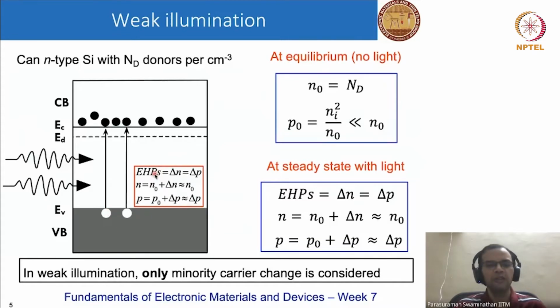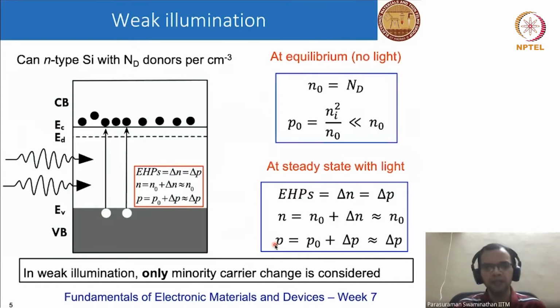So the number of electron-hole pairs created is equal to delta n, which is equal to delta p. So the new number of electrons during illumination is equal to those that are already present, that is n naught, plus the extra that is created, delta n. Same way for the number of holes.